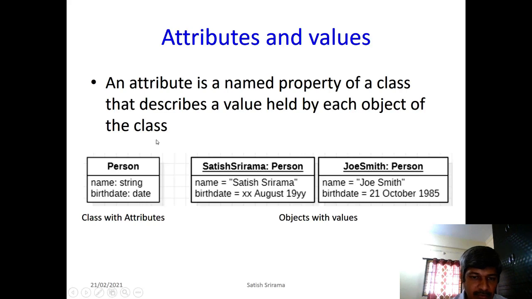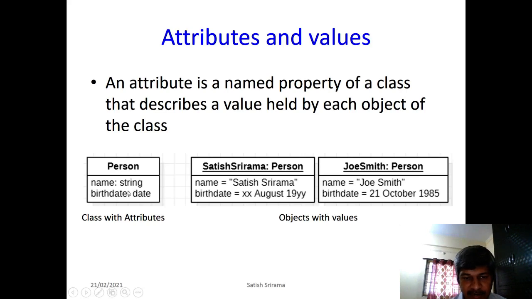Now, if you go towards the objects of that class, say for example, Satish Srirama as an object of the class person has a name and has a birth date. Similarly, some other person, Joe Smith, also has a name and a birth date.